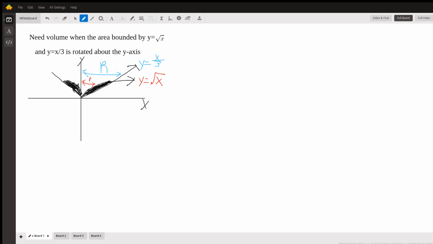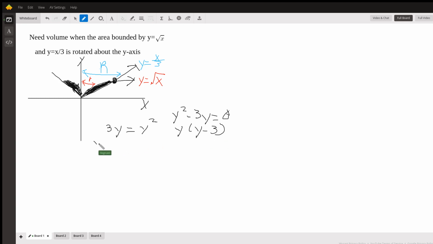Okay, what about the bounds? I'm going to equate 3y with y squared. We have to find out what this intersection point is right here. It's quadratic, so subtract 3y from both sides. This is 0. We can factor out a y, we get y times (y minus 3).